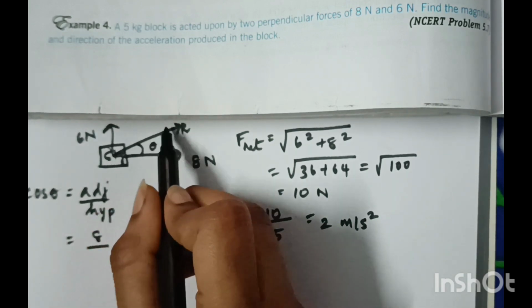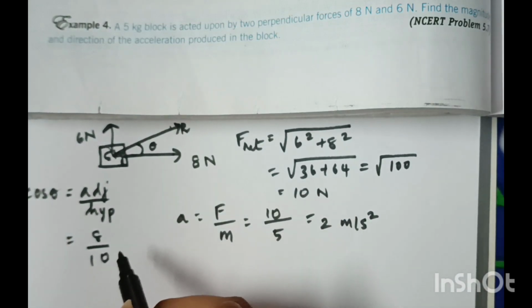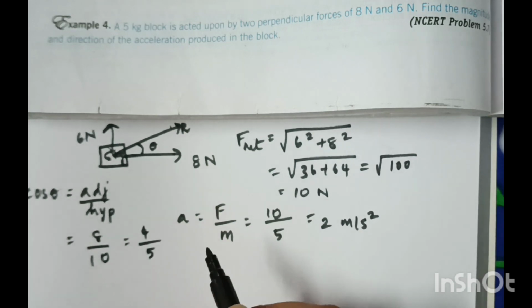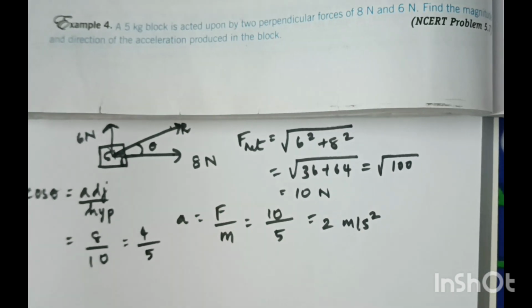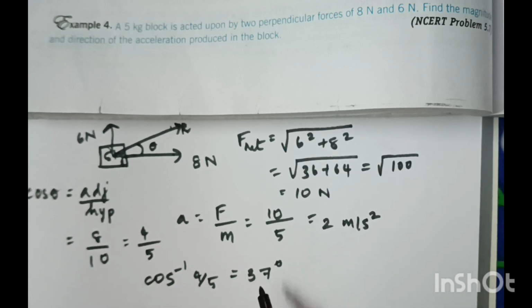What is the hypotenuse? It is the resultant force, that is 10 Newton. 8 by 10. So that is 4 by 5. And we should know cos inverse 4 by 5 is 37 degree. So this is to be kept in mind. Cos inverse 4 by 5 is 37 degree. Sin inverse 3 by 5 is also 37 only.